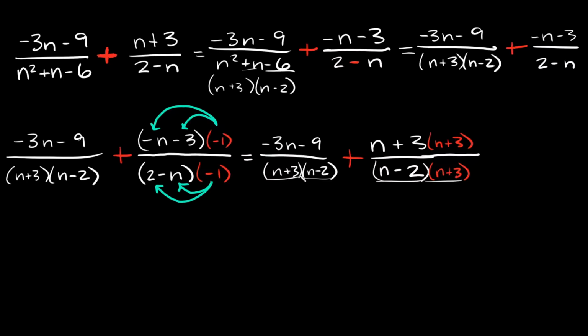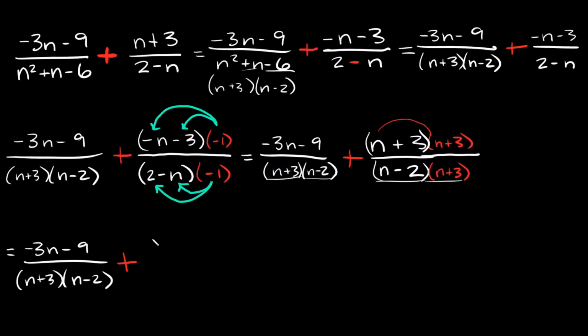So first of all, let's write this fraction down. So it's going to be equal to -3n minus 9 over n plus 3 n minus 2. And then again, we're going to add that to this one over here. Okay, so here we have n plus 3 times n plus 3. So we have to FOIL this, right? So we're going to go first, which would be n squared. Then outer, so that's going to be plus 3n.